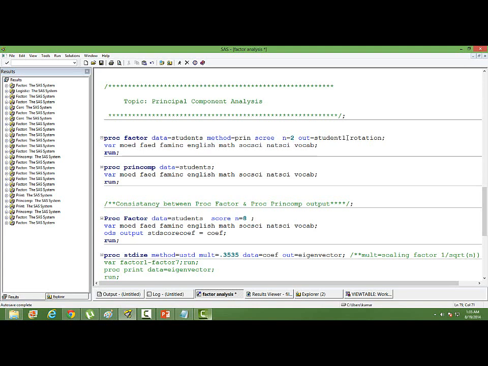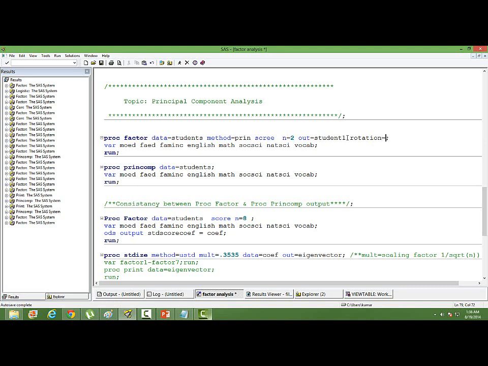In orthogonal rotation, your principal components are perpendicular to each other, whereas in oblique rotation principal components can be correlated in some way. In orthogonal rotation there won't be any correlation between the principal components. That's the strict criteria, because we started with high correlation in your data, so we don't want any more high correlation in the reduced variables or in the artificial variables or in the principal components.